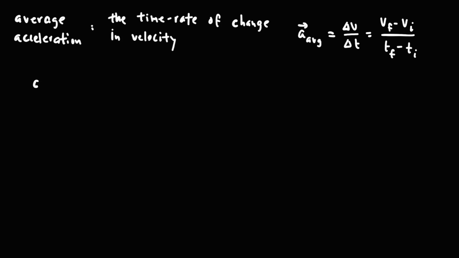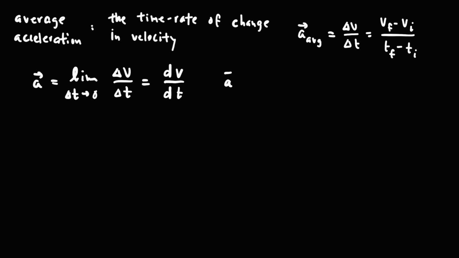And so you should already know that the instantaneous acceleration is going to be the limit as delta t approaches 0 of delta v over delta t, which means that the acceleration is going to be the derivative, the time derivative of velocity.